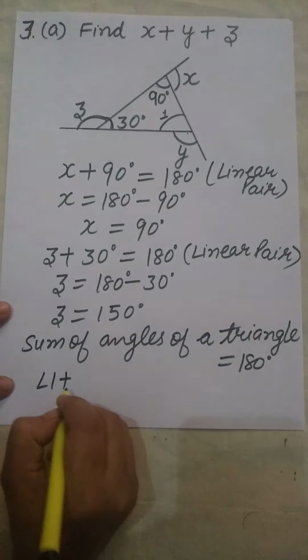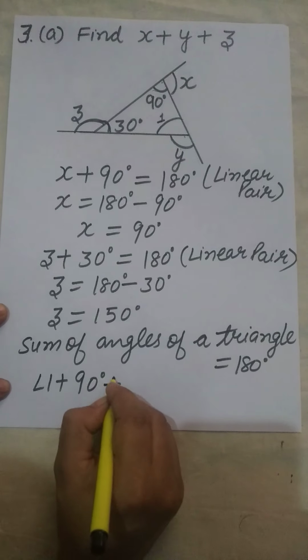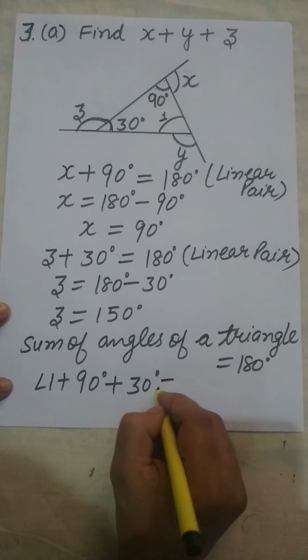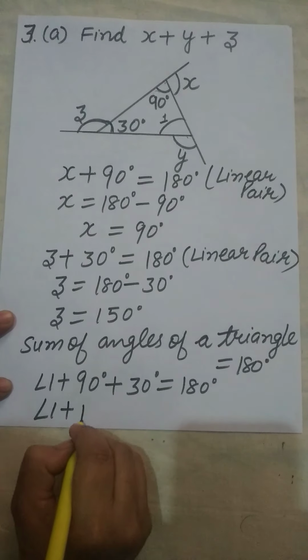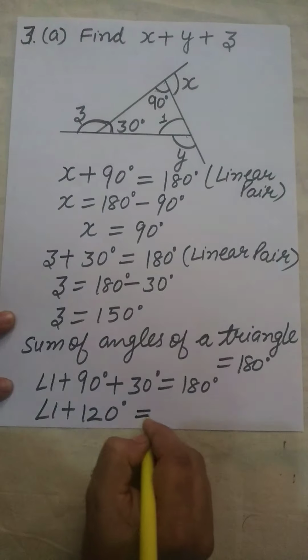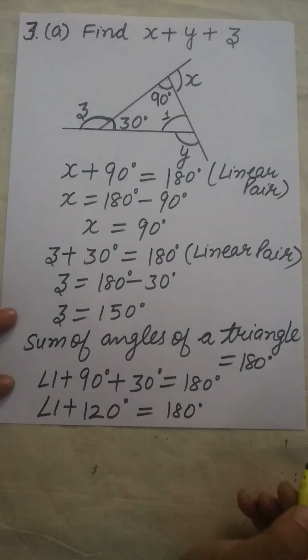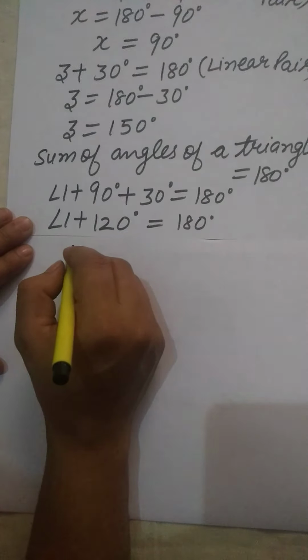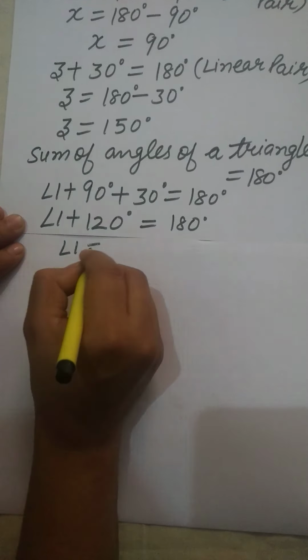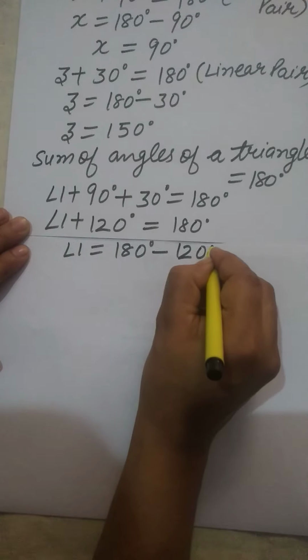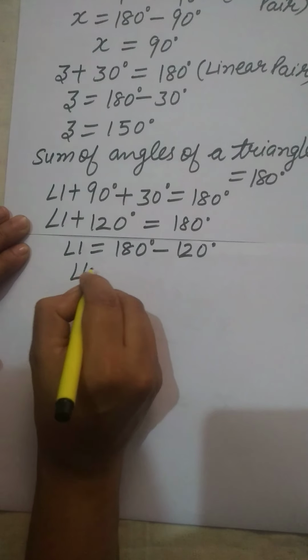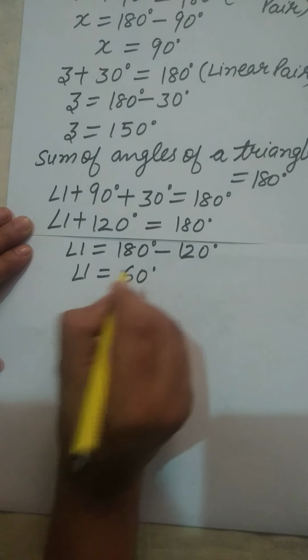So angle 1 plus 120 degree is equal to 180 degree. So angle 1 is equal to 180 degree minus 120 degree. That is angle 1 is equal to 60 degree.